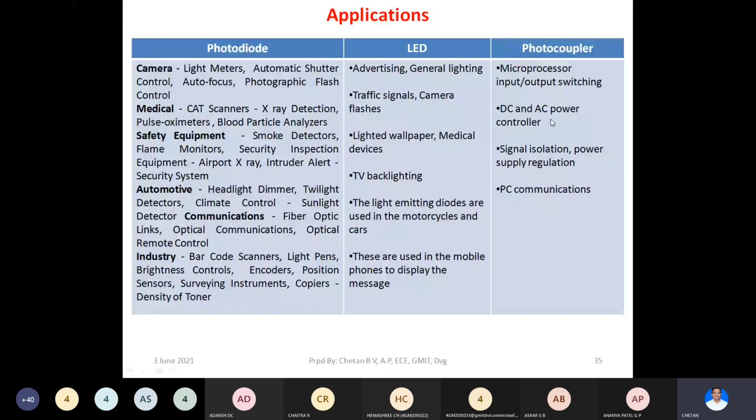Therefore, it is used for signal isolation, and power supply regulation also it is useful. A regulator is a device which keeps a constant output supply irrespective of variation in output load or irrespective of variation in the input supply. That is what regulation is. And it is also used in PC communications. In most PC communications, a photocoupler is used.